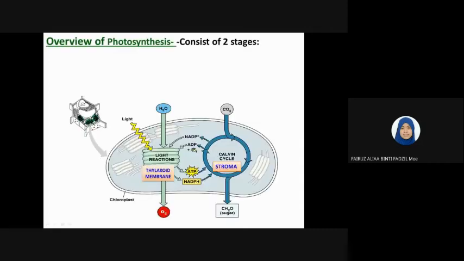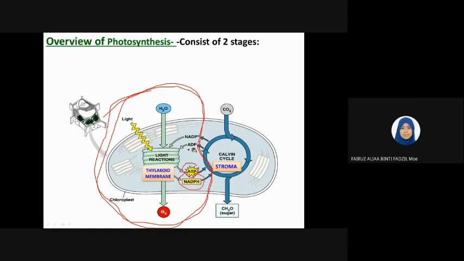Okay, so in light reaction, remember, we are not yet producing any sugar. In this light reaction occurring in the thylakoid membrane, we only produce the ATP and also the NADPH, and besides that, the byproduct of light reactions also is an oxygen molecule because it involves the photolysis of water, where the water is required in these light reactions.